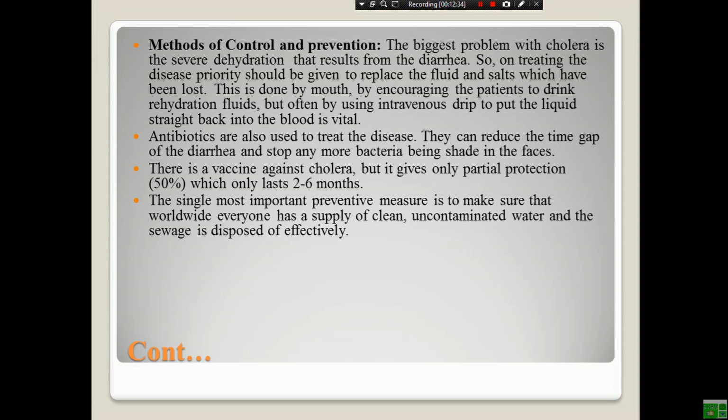This is how we can control and prevent it. So, avoiding eating uncooked food or drinking unboiled or unclean water is also a prevention of cholera. So this is all about today's lesson.